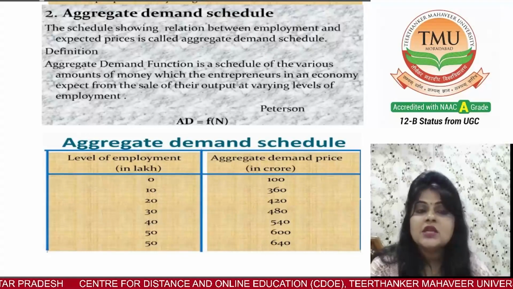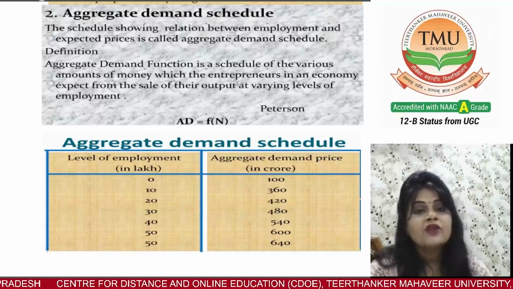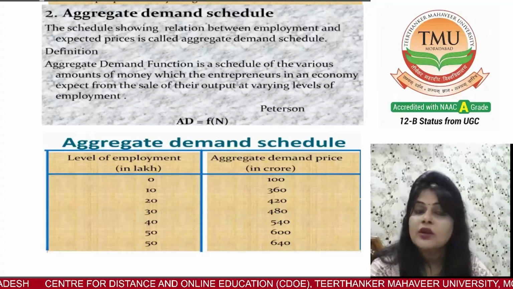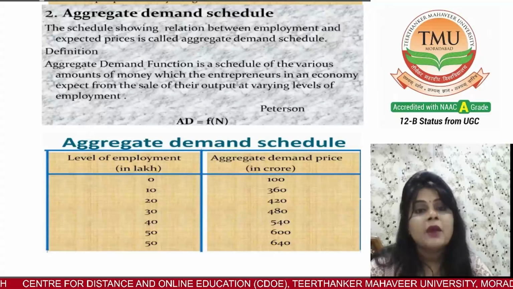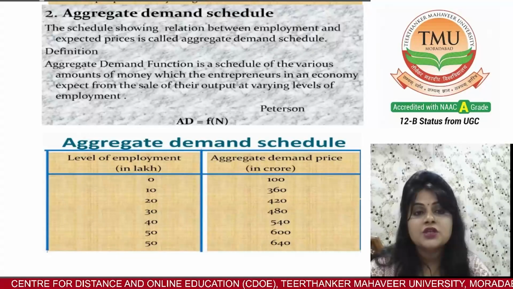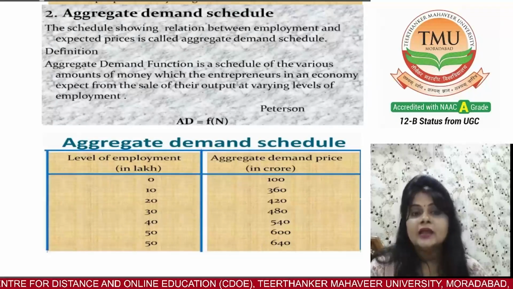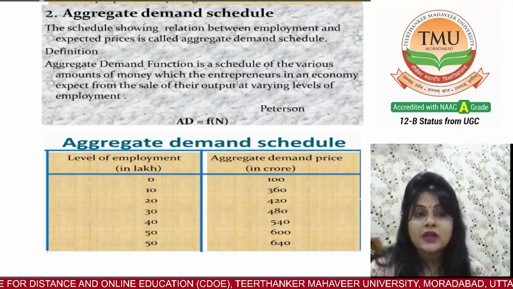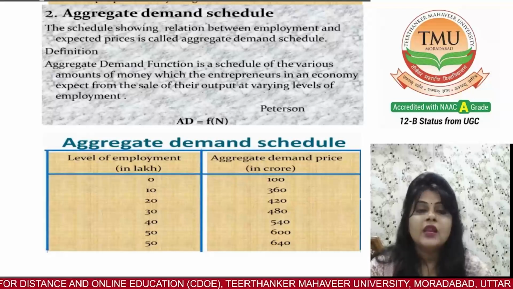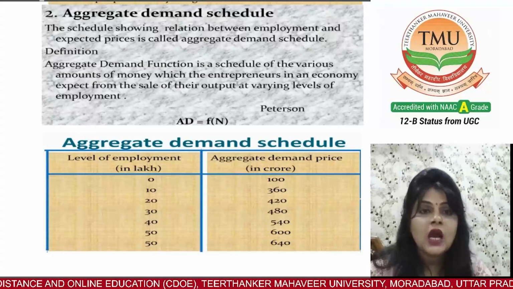This schedule, showing the various aggregate demand prices at different levels of employment, is called the aggregate demand price schedule or aggregate demand function. The aggregate demand function, according to Keynes, relates any given level of employment to the expected proceeds from that level of employment. Here also see our table.